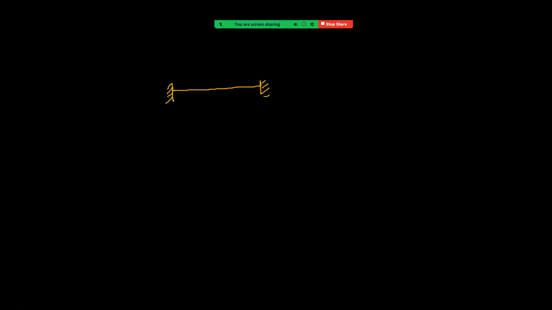String both ends fixed, and you are given string length equal to L. So take x equal to 0 this end and x equal to L other end. And condition given that it is first harmonic, right? Fundamental mode means first harmonic, means only one loop.